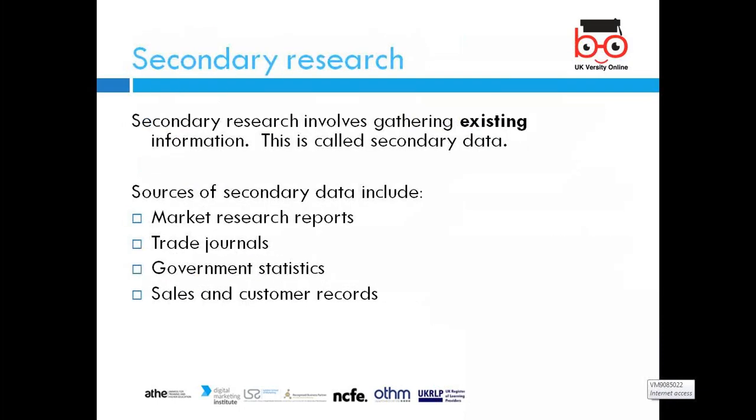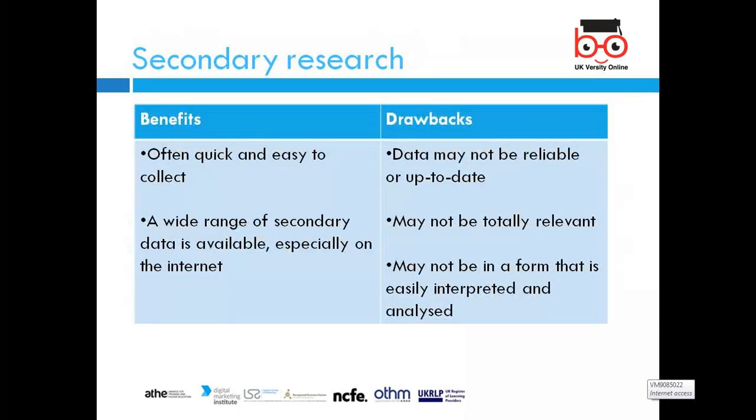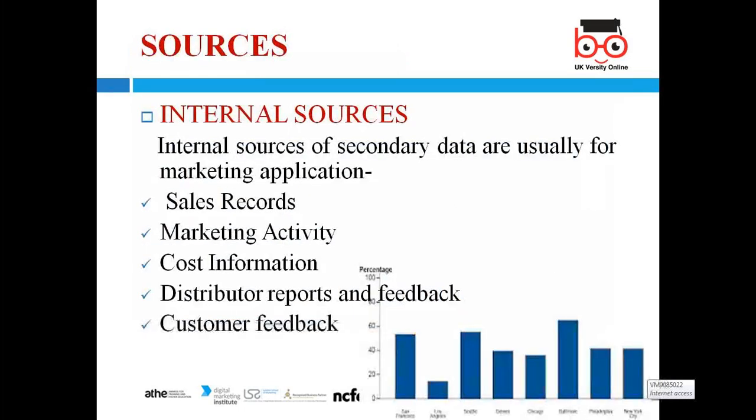Yes, what is the difference? Secondary data, again, is often quick and easy to collect because it is already published in newspapers and by various organizations, like the Office of National Statistics, or we have census data in our country that could be used. That could be secondary data as well. Umar, any question?